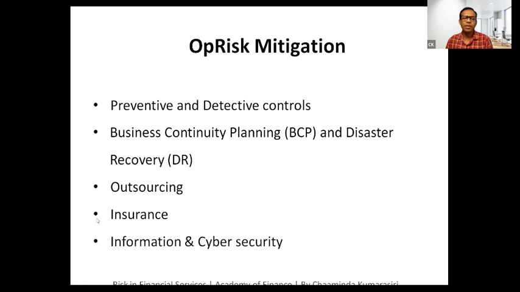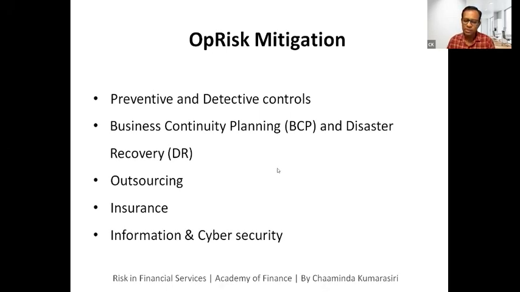Then we need to talk about an important part, the information and cybersecurity aspect, right? That is also an important area to look at because in today's context, information and cybersecurity is considered one of the biggest risks faced by financial institutions, because it's highly sensitive and under threat.